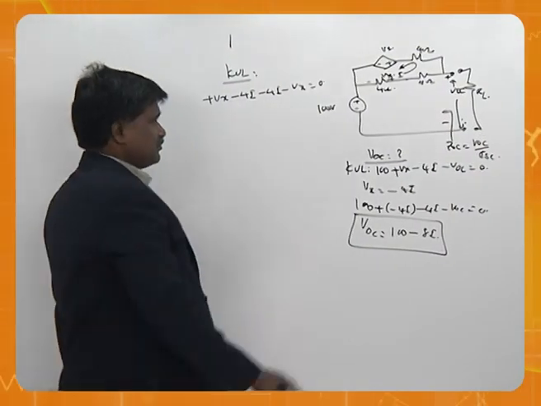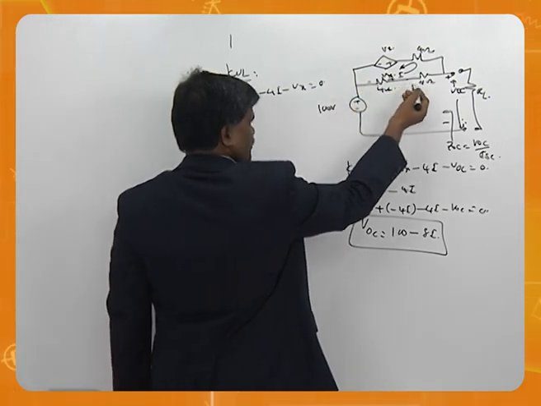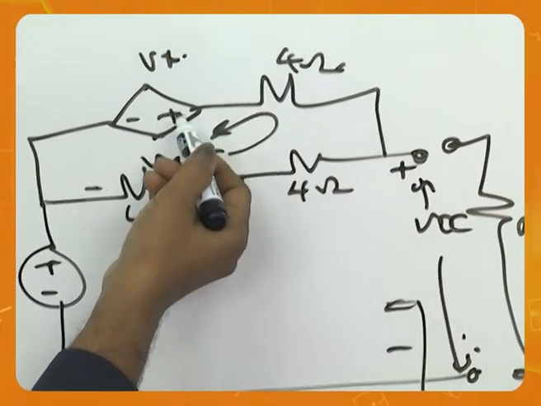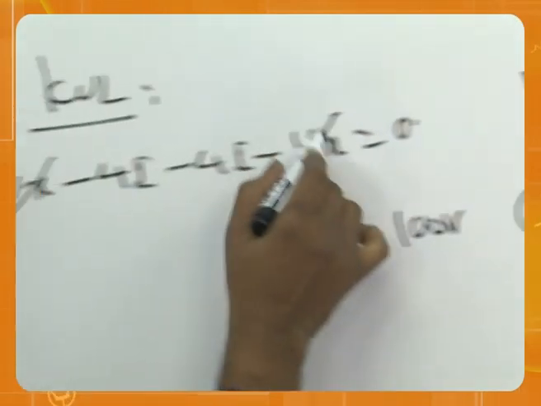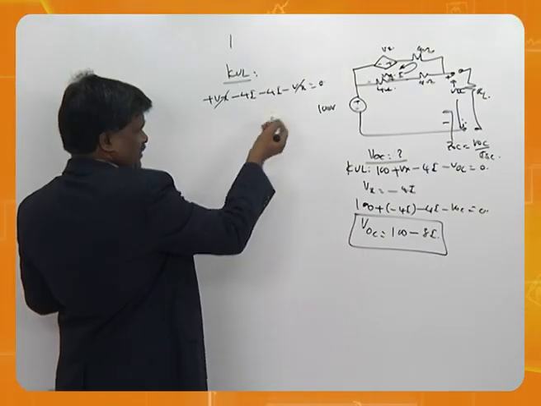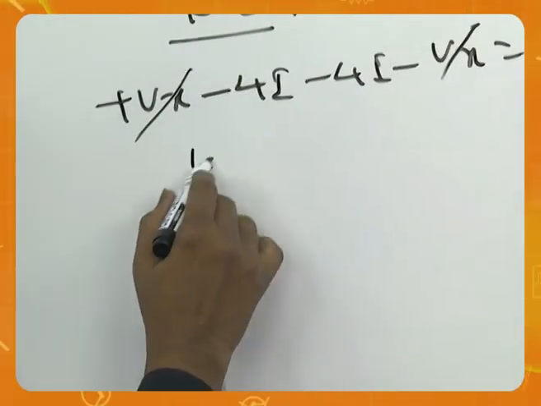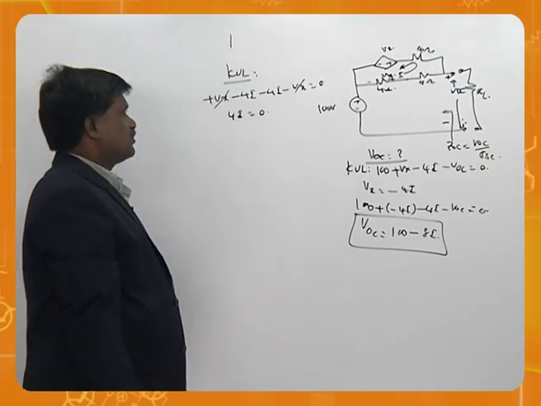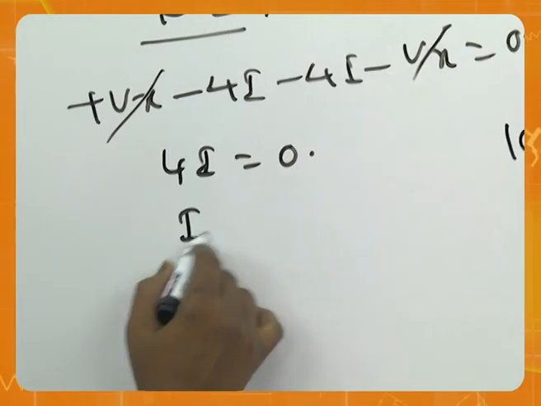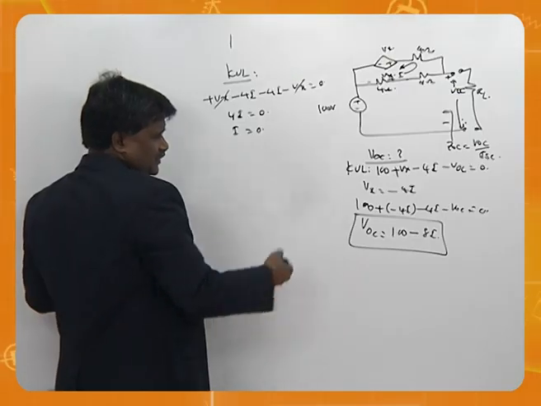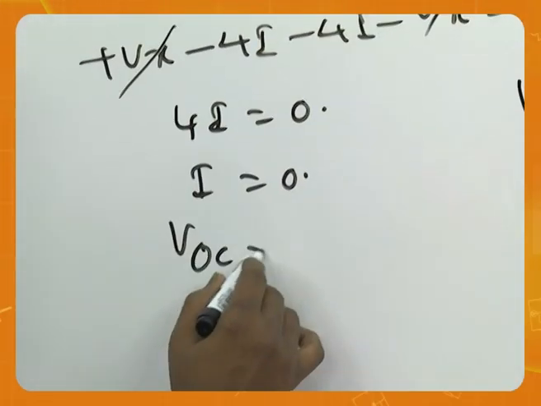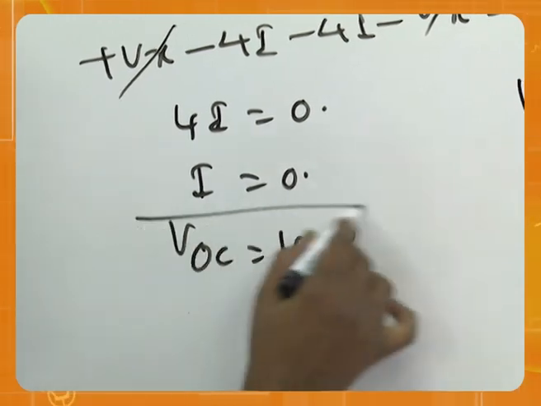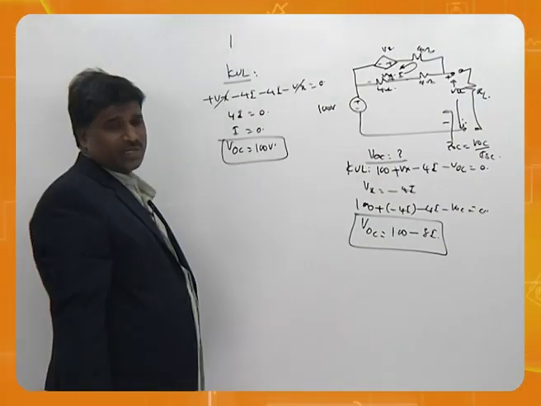Once again, plus Vx minus 4I minus 4I minus Vx. You can just cancel Vx. If you cancel this, you have 8I equal to 0. In the process, I becomes 0. If I becomes 0, what should be VOC? 100 volts as such. That's one result there.